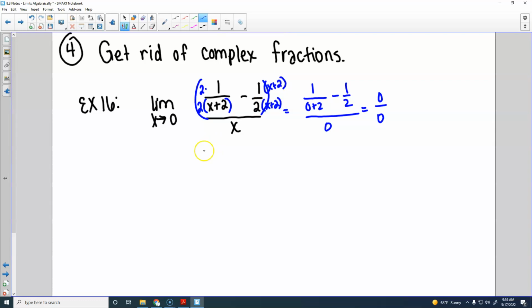So that will give me 2 minus x plus 2 over 2 times x plus 2. Whenever I do that, that's just the top part. We got to keep that x that's there in the denominator, and we got to keep our limit notation.